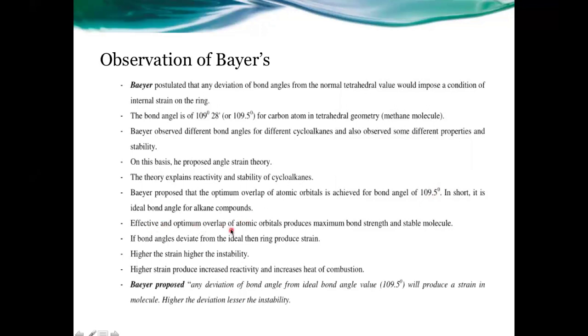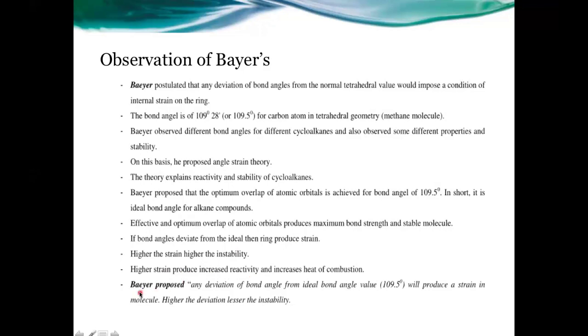Effective and optimum overlap of atomic orbitals produces maximum bond strength and a stable molecule. If the bond angles deviate from the ideal, then the ring produces strain, and this can lead to instability of the cycloalkanes. So higher the strain, reactivity will increase, meaning it is a less stable compound with a higher amount of heat of combustion.